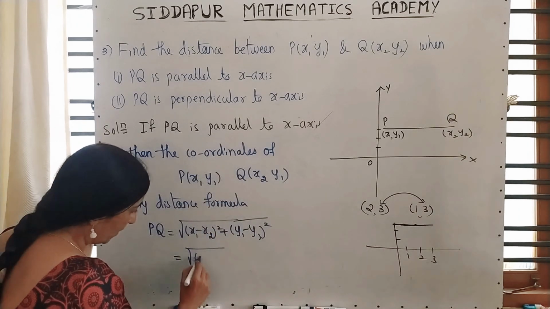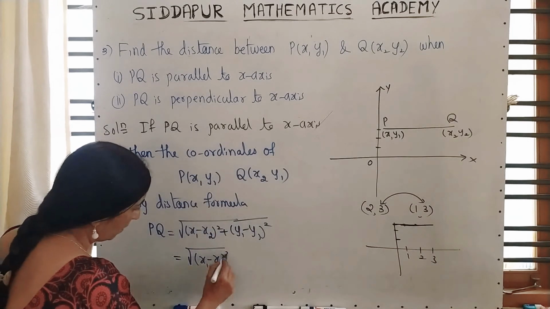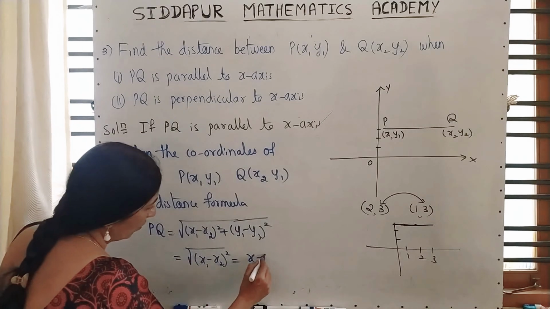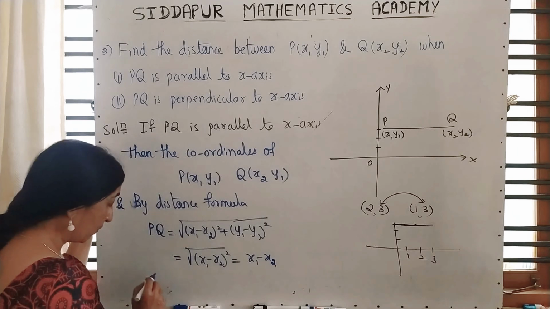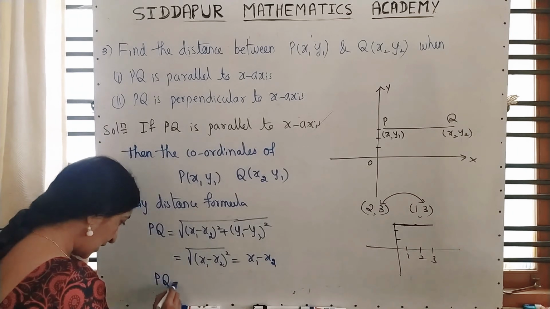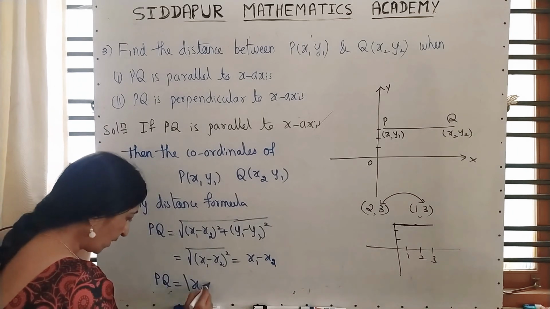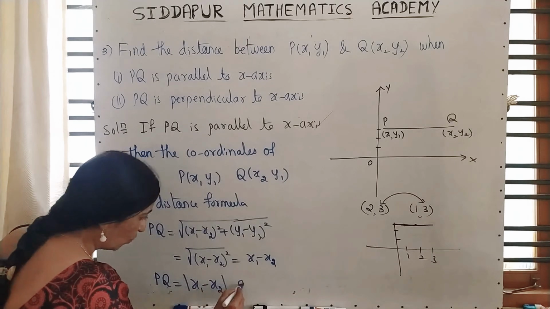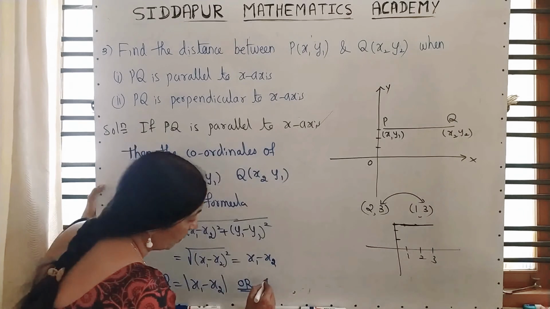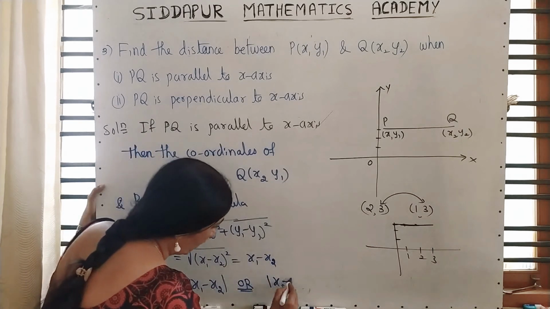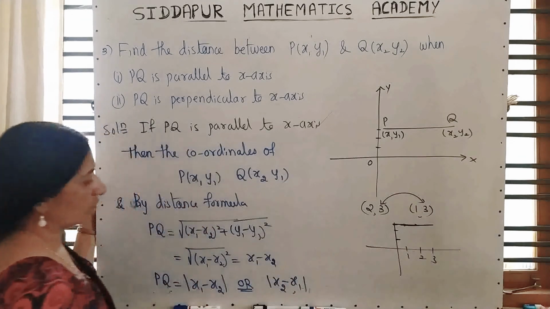What is remaining? (x1 minus x2) whole square, or x1 minus x2. Square root and square get cancelled. Or you can write like this, mod of x1 minus x2, under modulus to avoid the negative sign. Modulus of x2 minus x1.